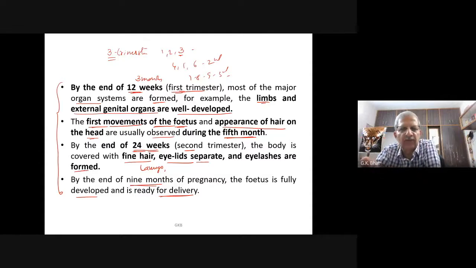In my next classes, I am going to give additional information on this. Additional information which is not mentioned in the NCERT book, but is important from the view of the NEET exam. At that time, I shall show you some more slides pertaining to this.